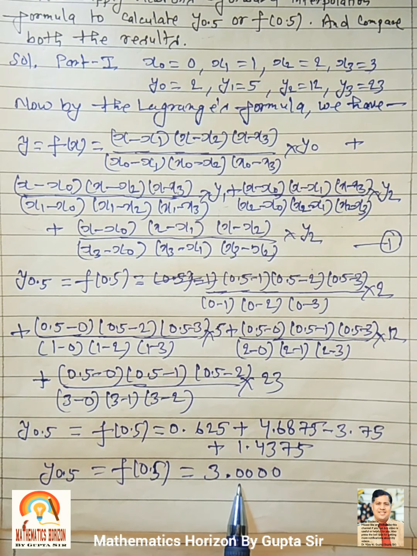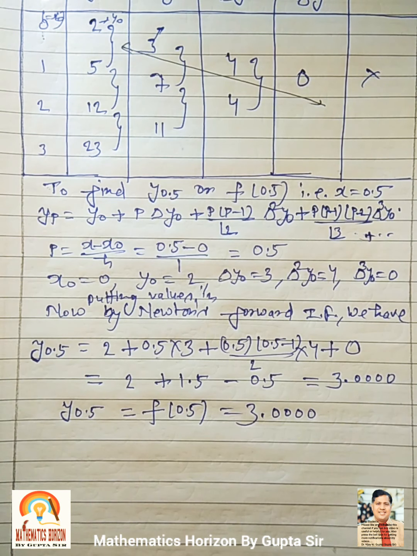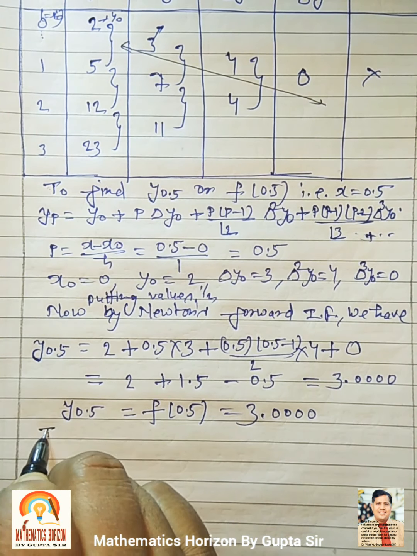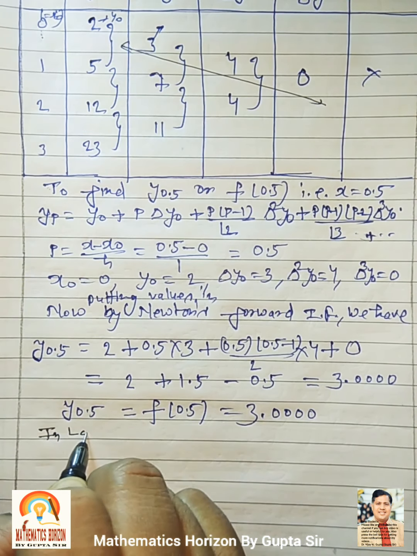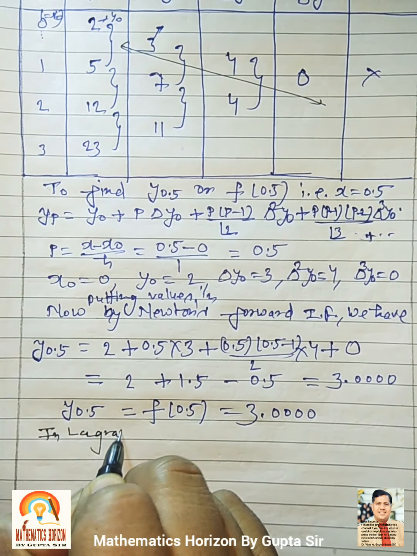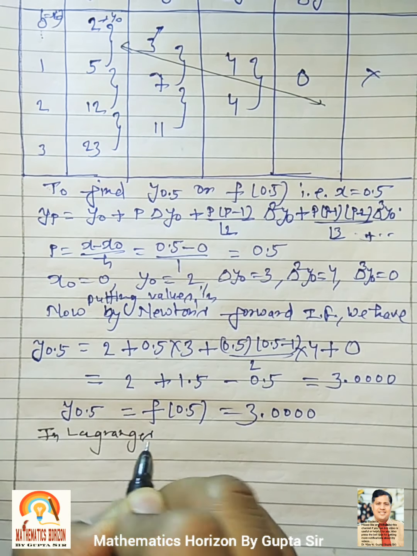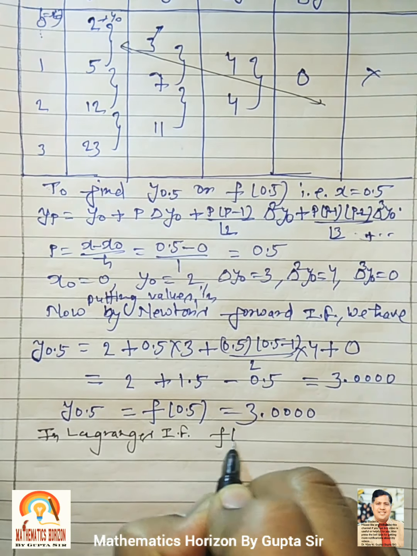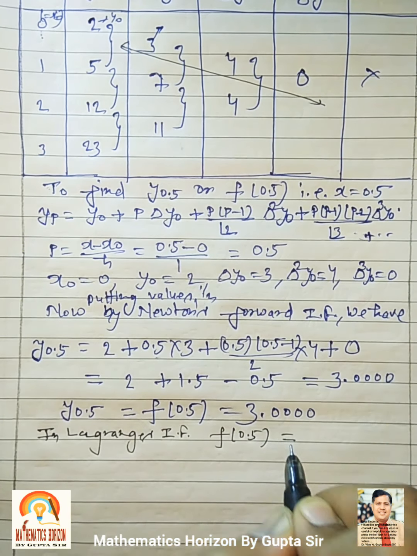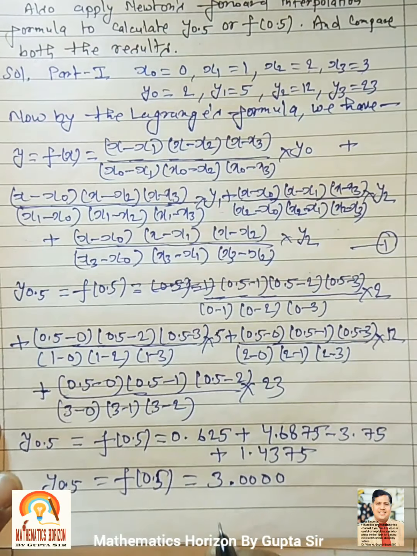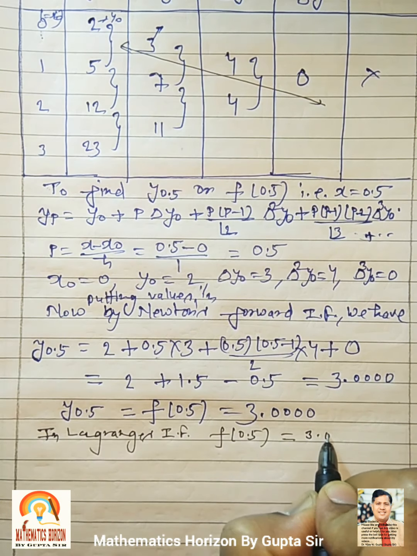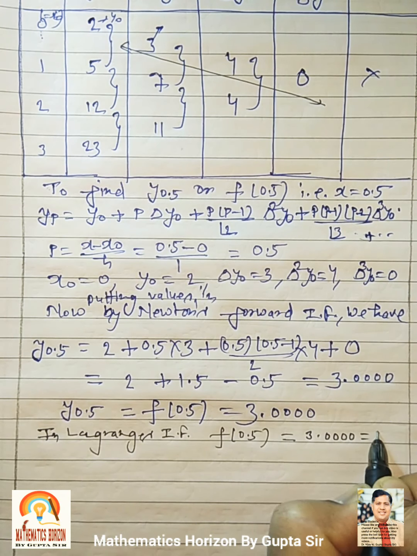Okay, what do we have? In Lagrange's interpolation formula, f 0.5 equal to what we have? 3.0000, which means 3.